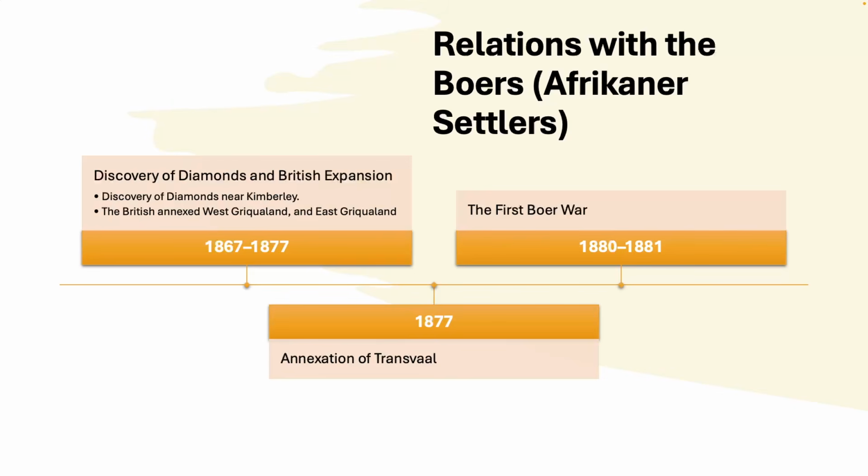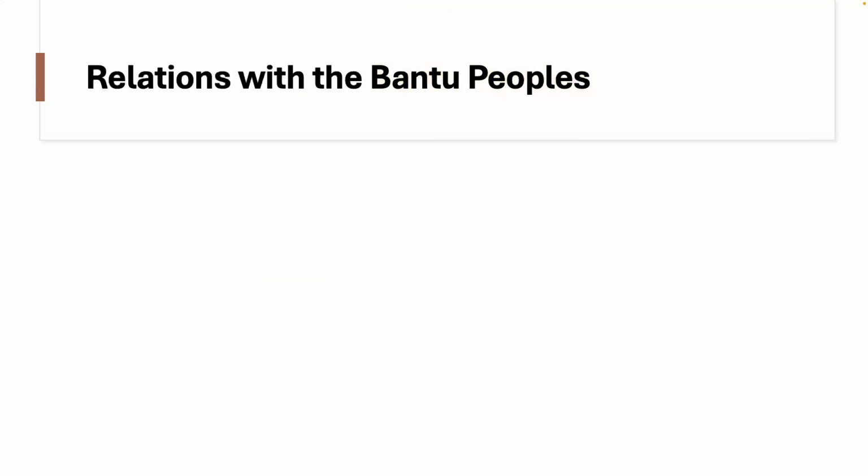The subsequent Convention of Pretoria recognises the autonomy of the Transvaal, though Britain retained control over its foreign affairs and foreign policy. If you want to know more about the Pretoria Convention, the lesson on Gladstone's reluctant imperialism is a useful place to find more information.